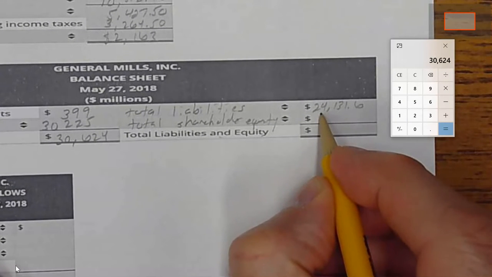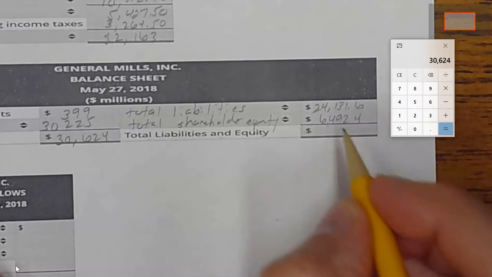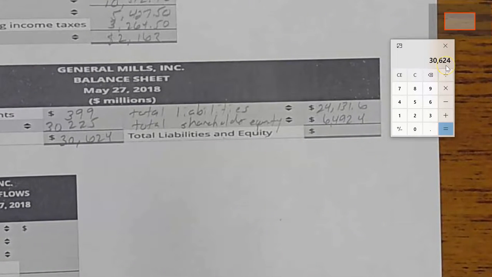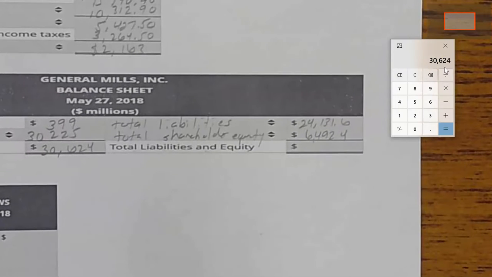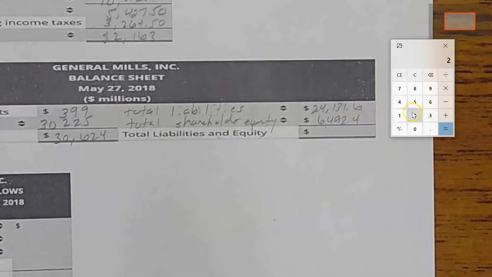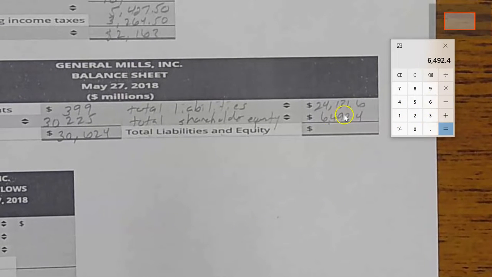Let's see here, 6492.4. And so watch this. This was our total assets here. So let's just check to see if we're on the right path. I'm going to subtract out my liabilities, 24,131.6, and look at that.